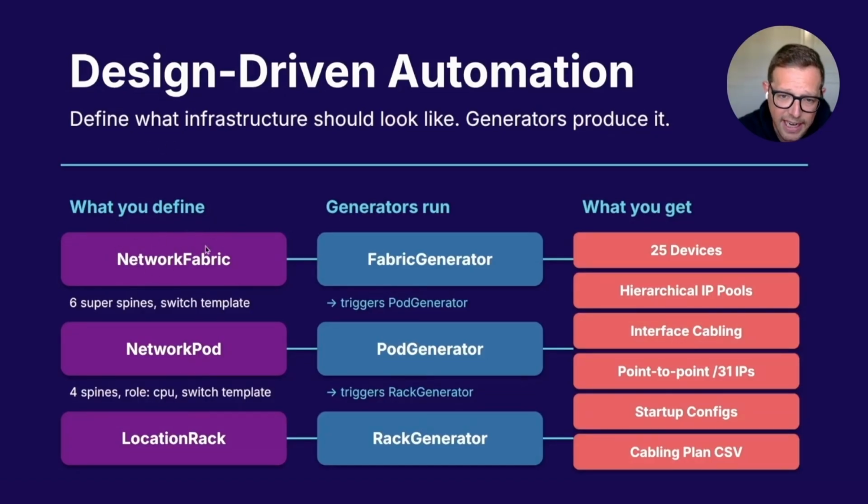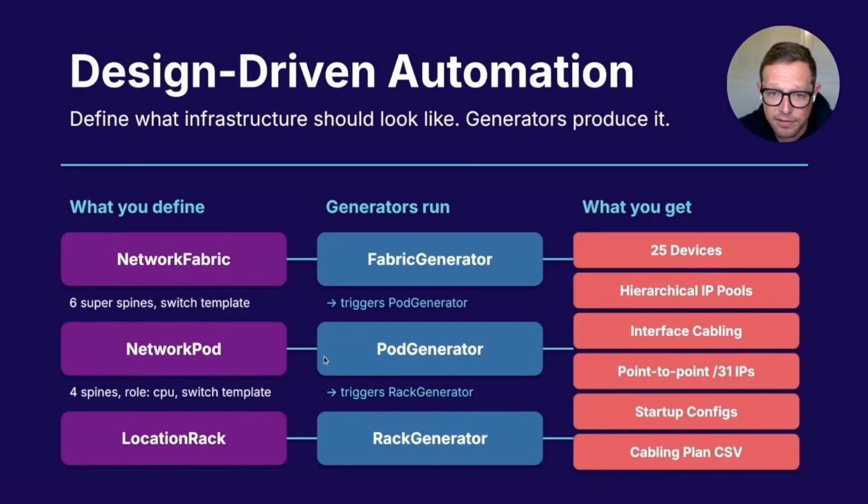We defined at the high level what our fabric layout would look like and what it should contain, the 6 super spine switches and which templates we wanted to use for the super spines. We defined which pods we wanted to be deployed as part of our fabric, in which we defined how many spine switches we wanted to deploy within each pod, which role each pod should have, and which switch template we would use. Then within those pods, we have defined the racks and what should be contained within those racks.